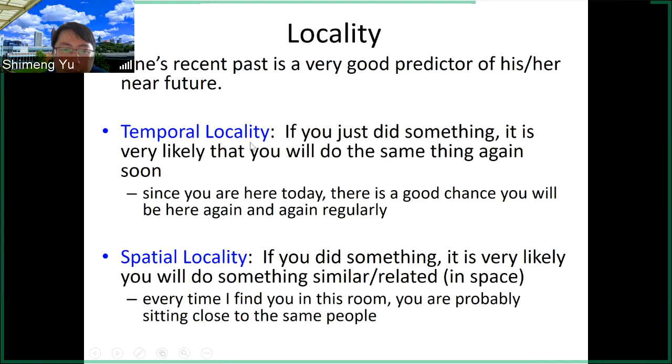The temporal locality says that if you did something, it's very likely that you will do the same thing again. For example, if you often joined our live session in the past weeks, it's very likely you will do the same in the future. And spatial locality: if you did something, it's very likely you will do something similar next to it.